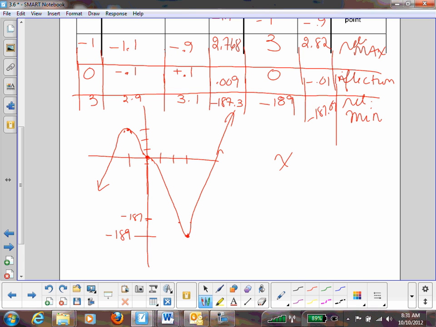You're supposed to tell me when my function is increasing and when my function is decreasing. Okay, what about -1? If x is less than -1, f of x is increasing.